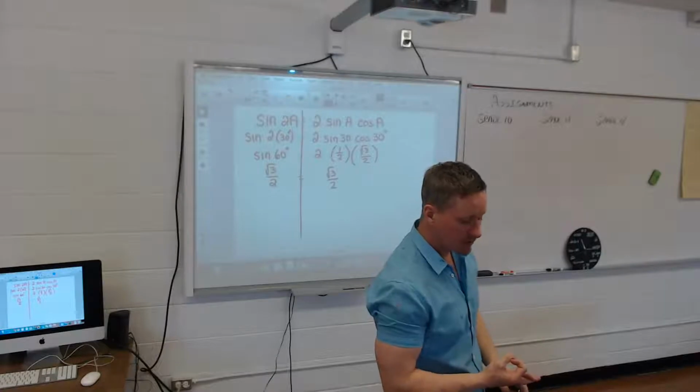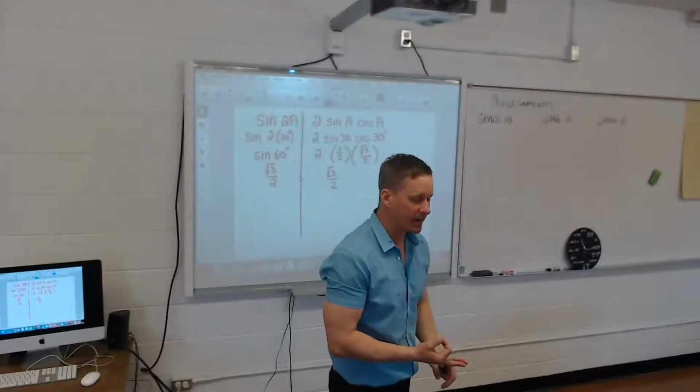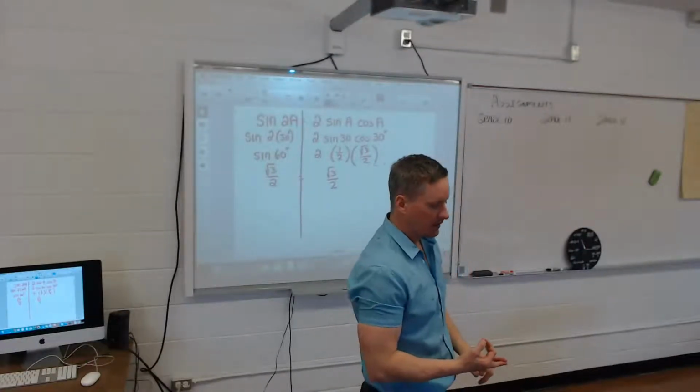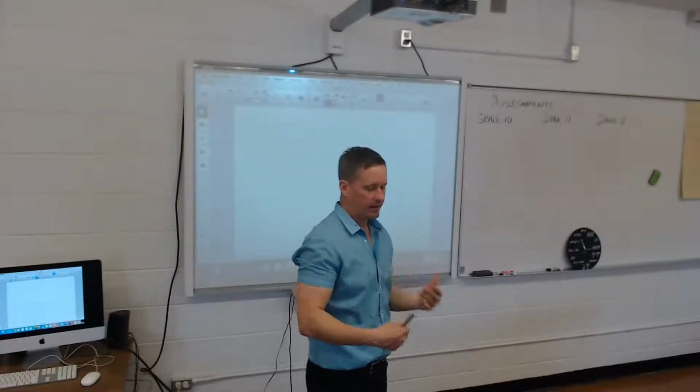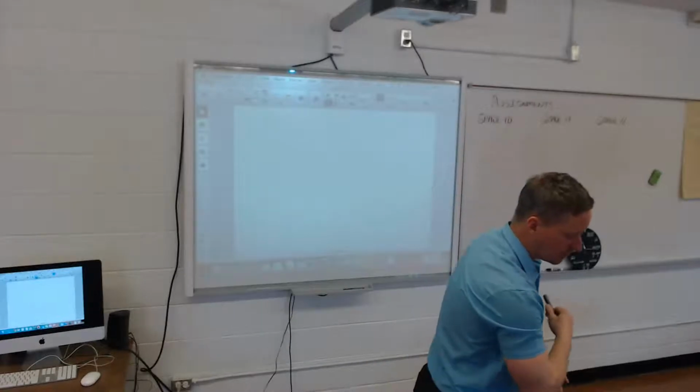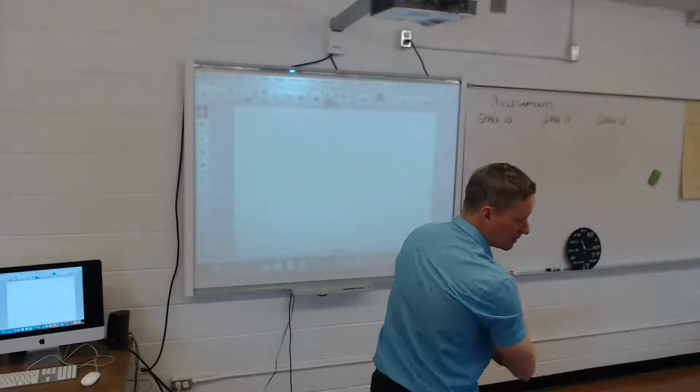For the cos of twice the angle, there are 3 separate identities that you can use. And we use all 3 based on how the equations look. So the 3 for the double angle for cos are as follows.